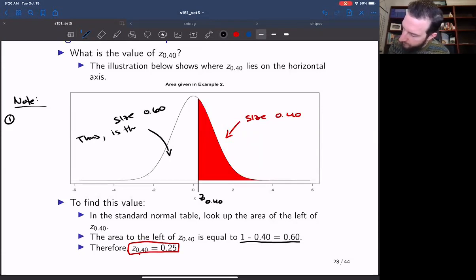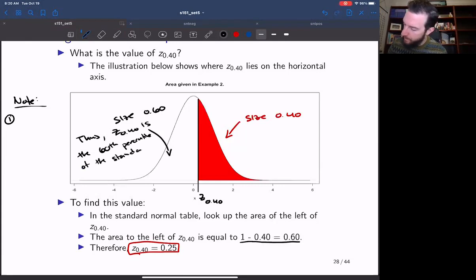So Z 0.40 is the 60th percentile of the standard normal distribution.